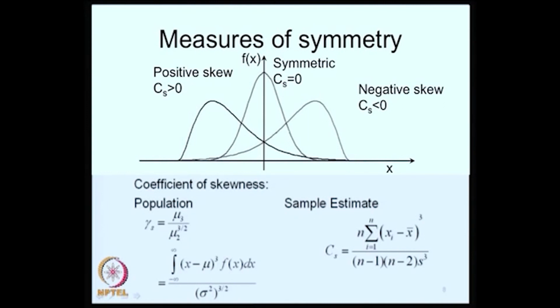Note that for the positive skew, the distribution is stretched to the right. So, it is skewed to the right, and for the negative skew, there is a long tail to the left. So, if you have a long tail to the right, it is called a positive skew. If you have a long tail to the left, it is called a negative skew.